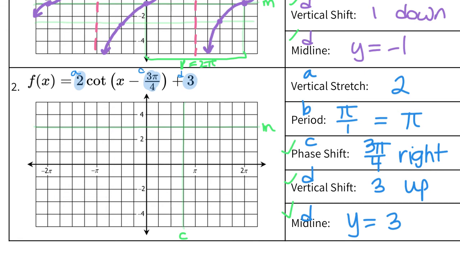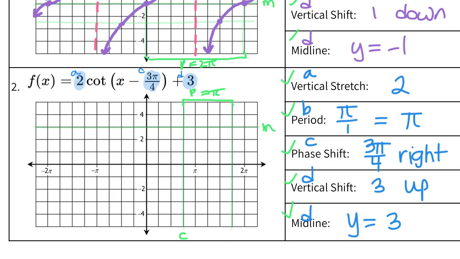Period is pi units long. We already established that pi is 4 squares. So starting from the C, we're going to go 4 squares: 1, 2, 3, 4. Which means that this makes up 1 period of our cotangent function.